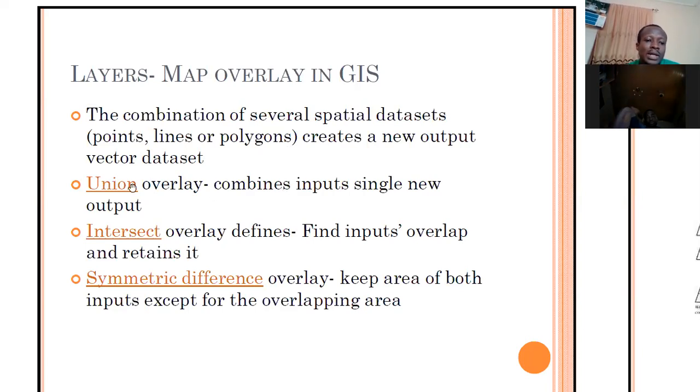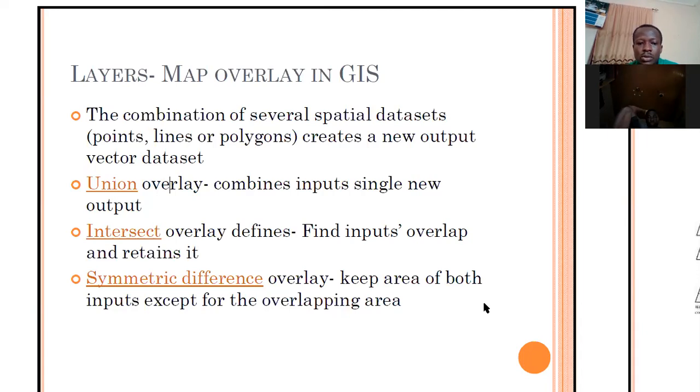I just want to draw your attention to something that I will talk about later on. So we can combine the layers by doing what we used to do in set theory. If you remember the set theory that we learned in O level or wherever, we did union, we had intersection, then we had symmetric difference.